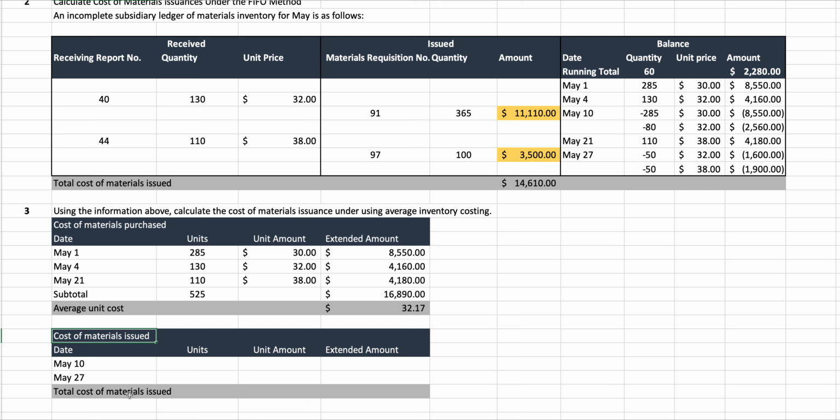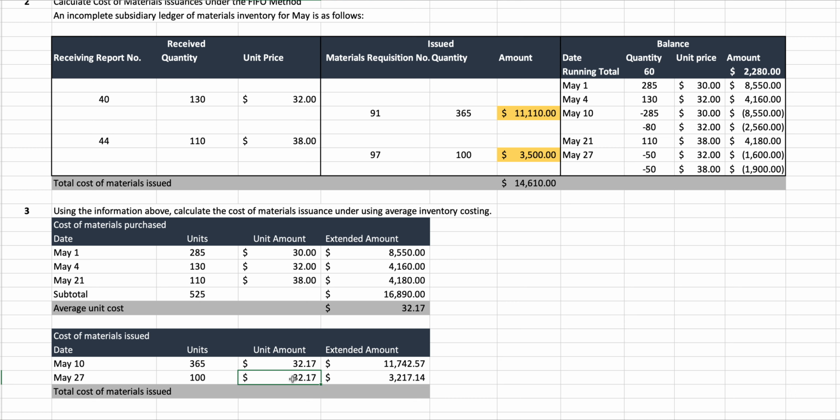Now my last step is to calculate the cost of the materials issued. We issued 2 batches of materials, one on the 10th and one on the 27th. So on the 10th, we issued 365. We're using our average unit cost, which is $32.17, for an extended amount of $11,742. On May 27th, we issued 100 units.